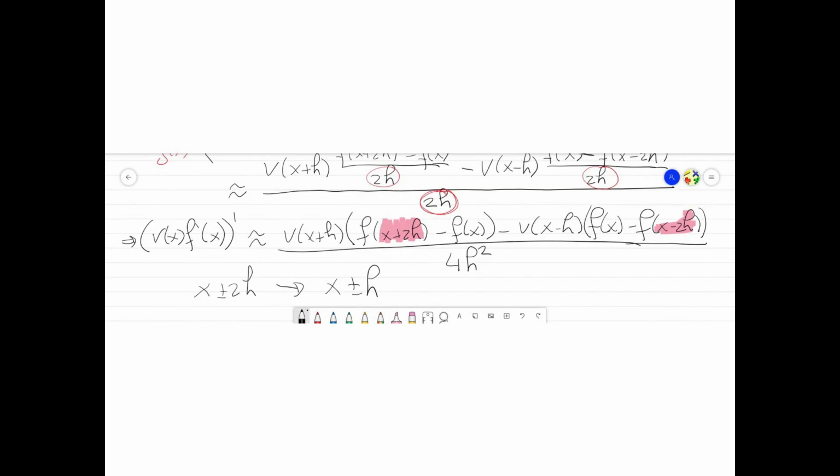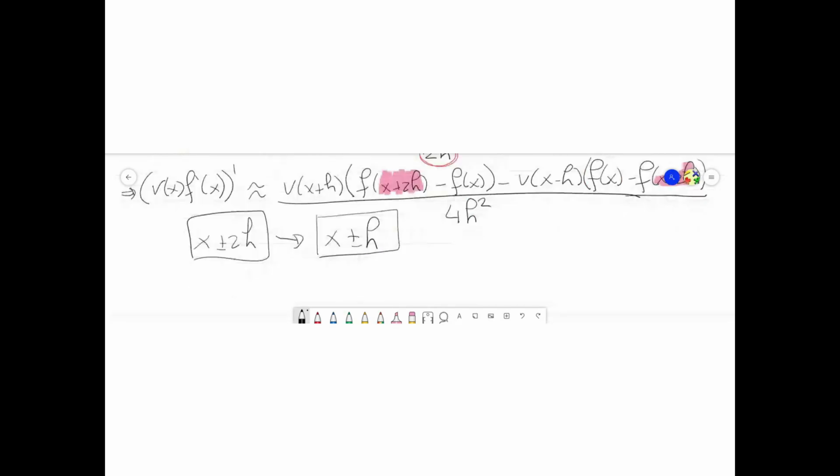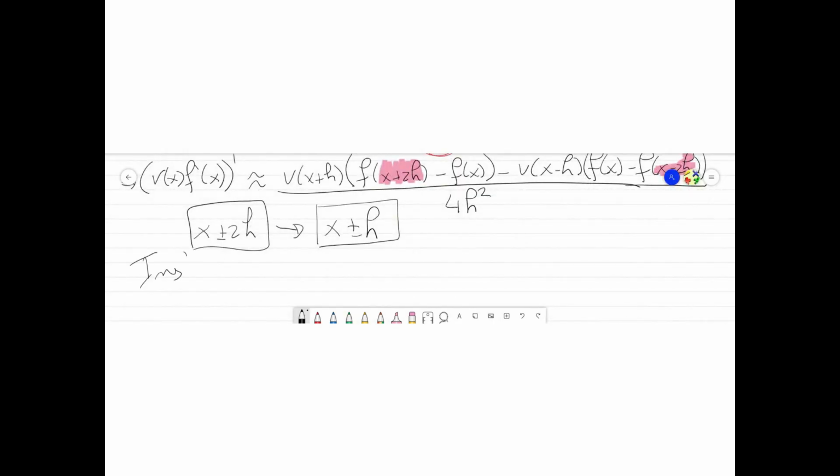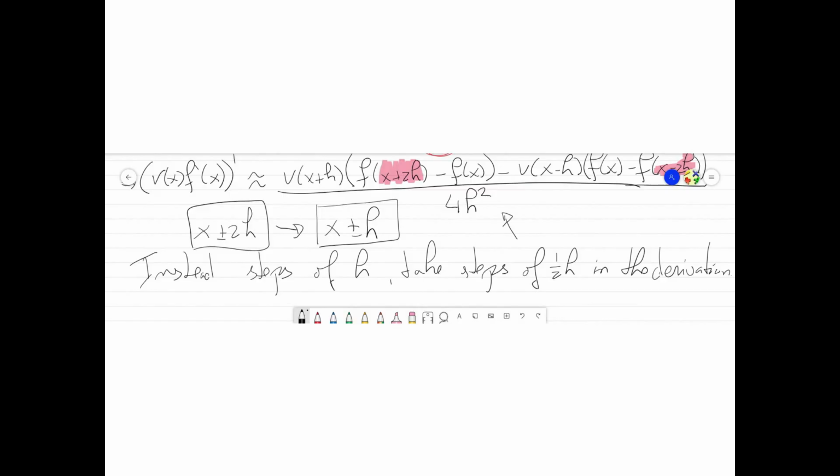Instead of steps of h, which result to this one, I can take half steps, and I get this one. So, instead of steps of h, take steps of a half h in the derivation. But that basically means that everything where there's an h in this formula, I can replace it by a half h.